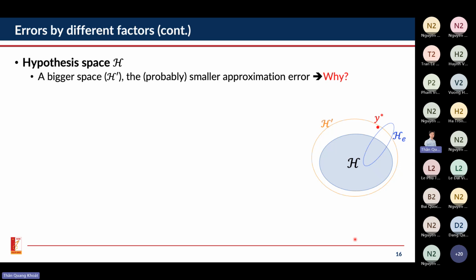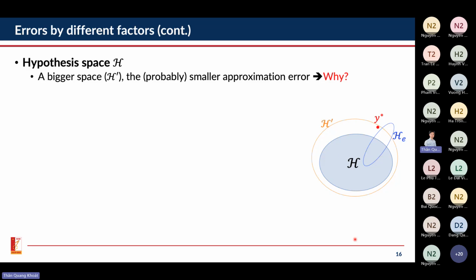The second one is the model family you choose. Or in other words, the architecture you choose can pose some inherent error, right?